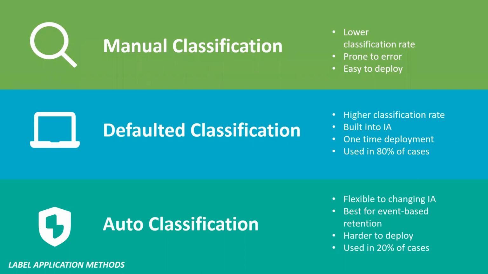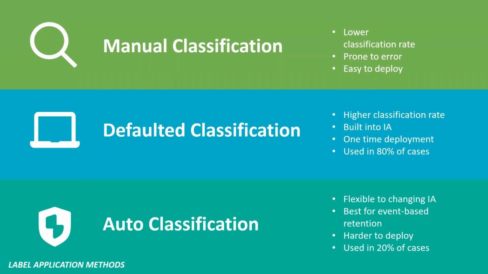The first one is to manually apply. But as we mentioned before, this is not the way that we recommend proceeding. We don't prefer manual classification because it's not seamless. And we have the defaulted classification and the auto classification to make records management automated.